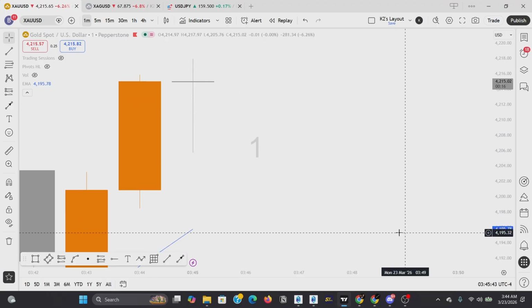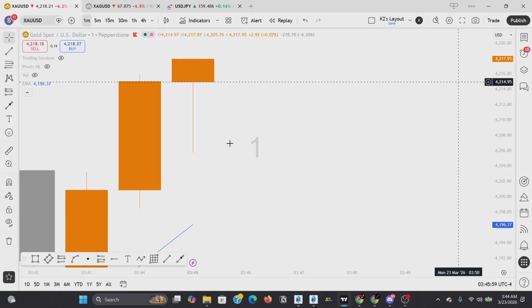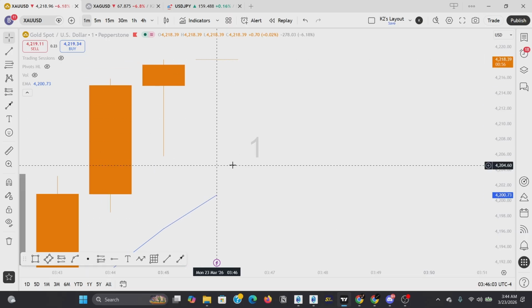See how fast it shot back up? If you look to the side, there's a timer. It's gonna count down from 1 minute because each candle represents 1 minute. So 3, 2, 1. Now this candle has closed and the next candle is gonna form.